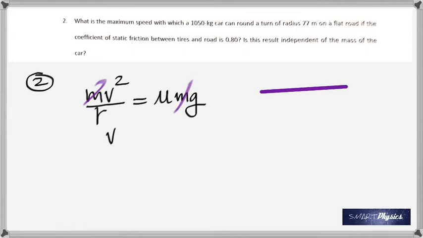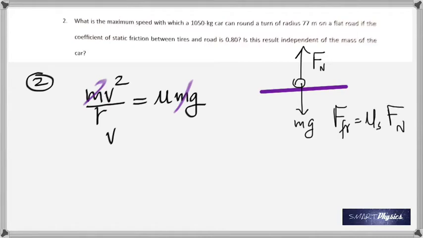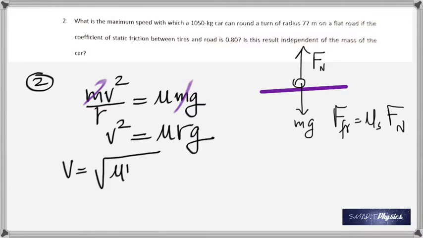if this is the road and you have the object here, you know that mg in this case is equal to Fn. And the friction is actually mu times, in this case mu s, times Fn. And Fn is equal to mg. So that's why you get that equation from which you can find the velocity.